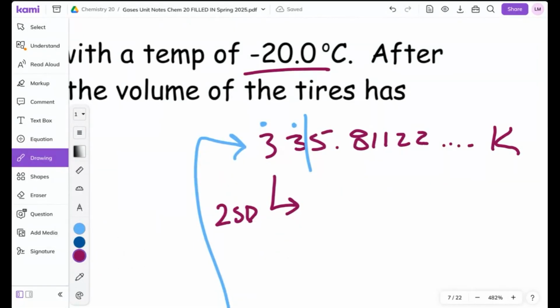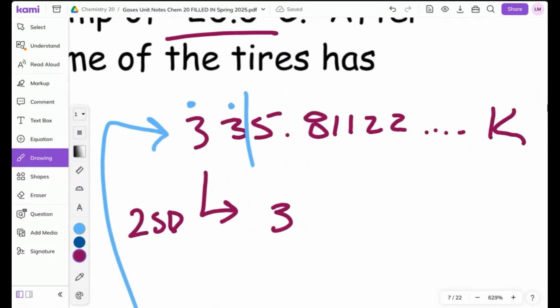Okay, but notice how 335 is not the same as 34 Kelvin. So we need to make sure that we are using scientific notation in order to represent this number. An easy way to know when to use scientific notation is usually whenever your cutoff line comes before the decimal point.